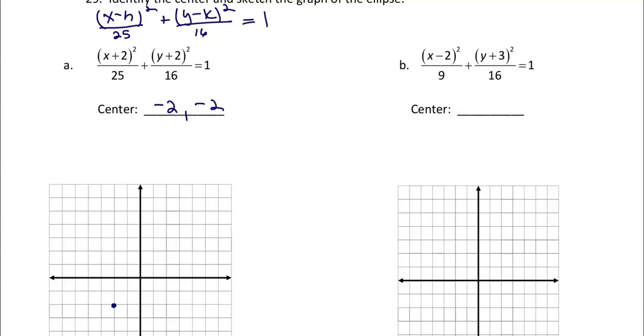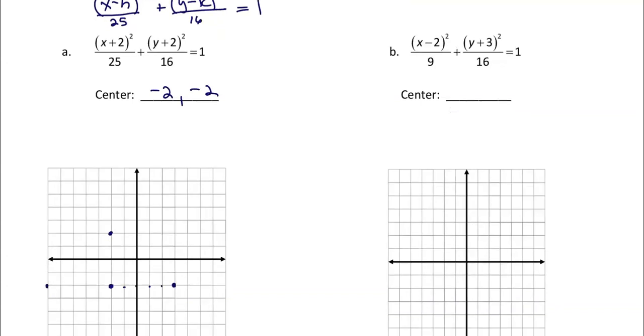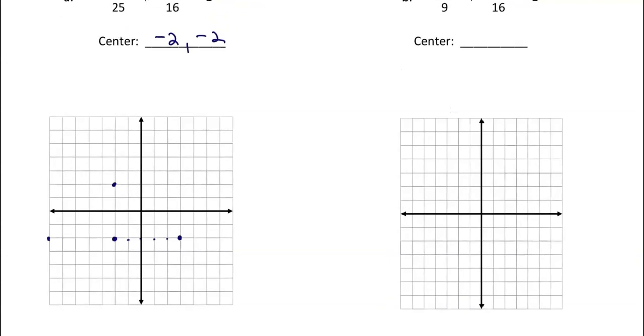Okay, look where the x is. I'm going to go 5, 1, 2, 3, 4, 5 to the right, and 1, 2, 3, 4, 5 to the left. That's where the x is going to be. Then the y values are going to be 4. So 1, 2, 3, 4 up, and then 1, 2, 3, 4 down.